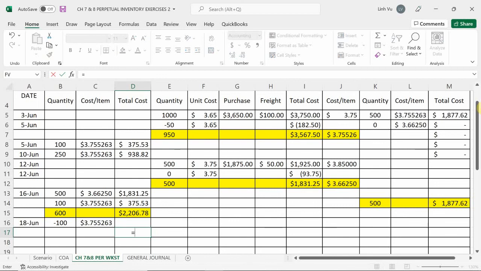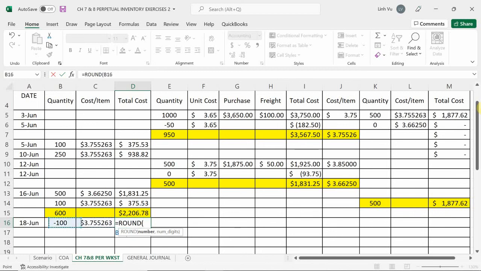But for any cases that, let's say, in the future you kept selling, and then all of a sudden you return, that's what you have to do. You can't just go backtrack and use whatever amount is there because of the method that you're using.